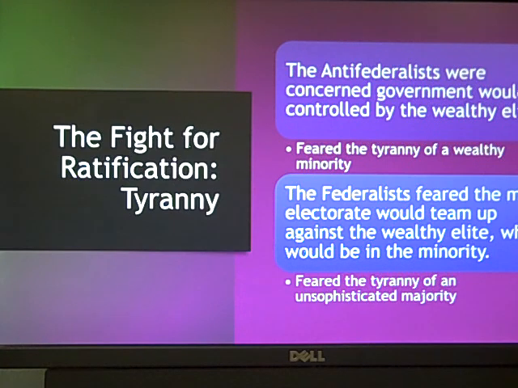Most of the land in America, what is the new United States, is actually owned by a relatively small percentage of the people. Therefore, if the majority who don't own all the land get together and decide they're going to pass legislation to redistribute land, what happens?